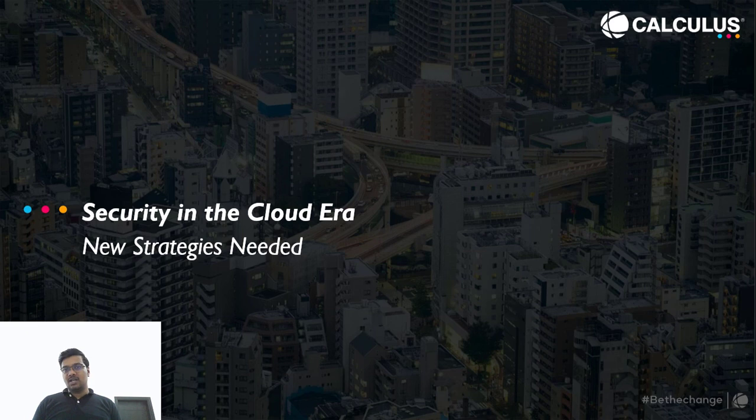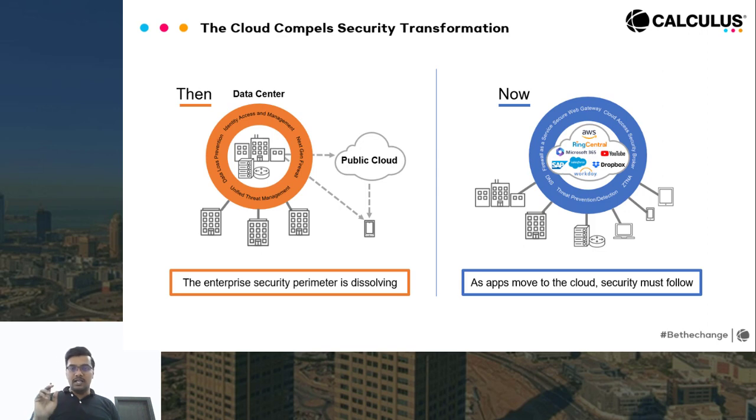So in this cloud era, it is very evident that we need new strategies. Let's look at a few. If you see on the left side of the screen, this is how the legacy architectures are built, where all the apps were hosted in the data center. You could secure it very well with private and MPLS connections and a big next generation firewall that can perform all security functions, as shown in the red circle.